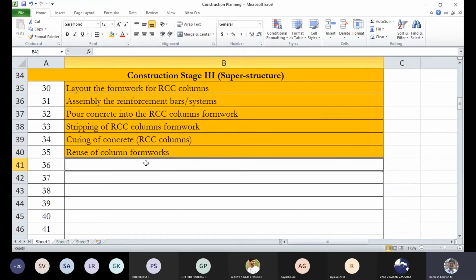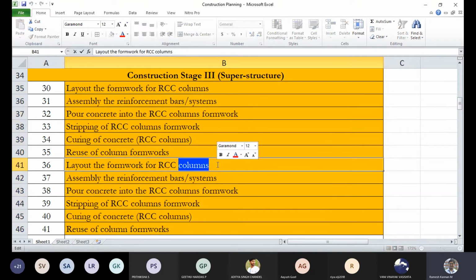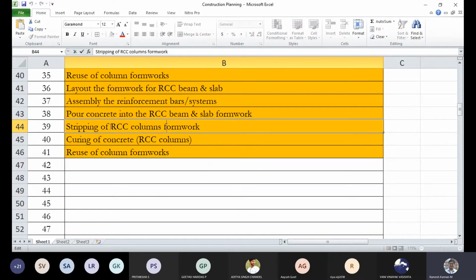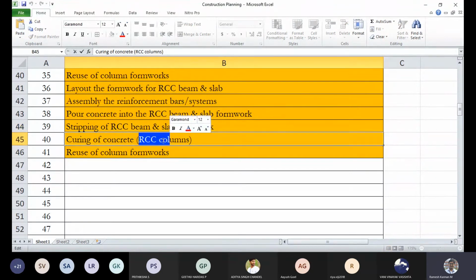Then once the column is ready, we will be doing beam and slab together. So once the column is ready, then we will be taking RCC beam, sometimes only beam, then they go for slab, or depending upon the type of construction mechanism they use. Since it's a simple structure, I'll just put RCC beam and slab formwork, RCC slab formwork.